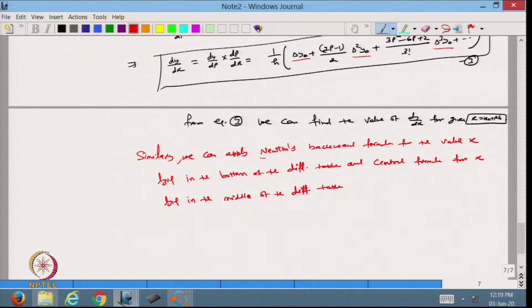And we already know how to apply this Newton backward formula or the Stirling central formula.